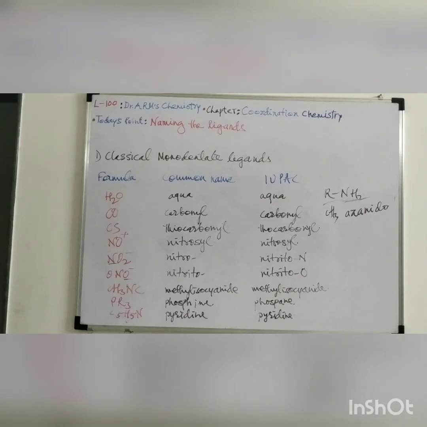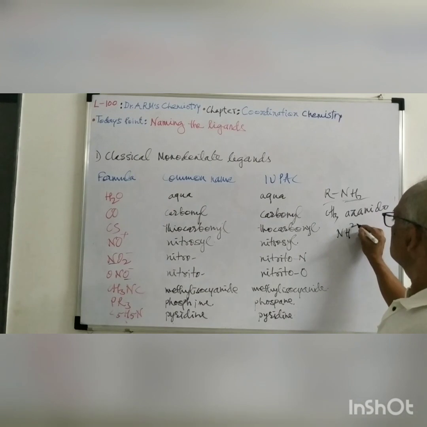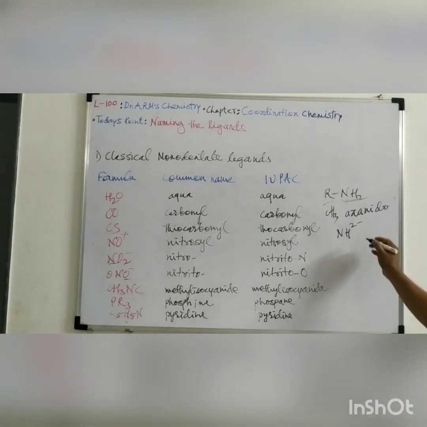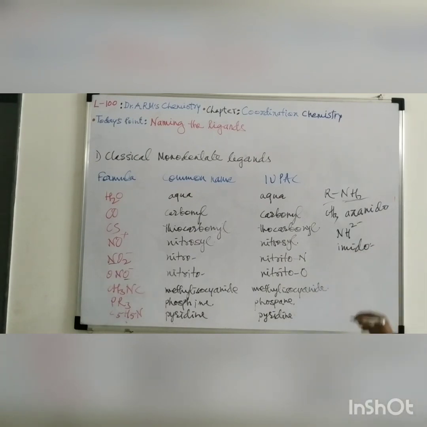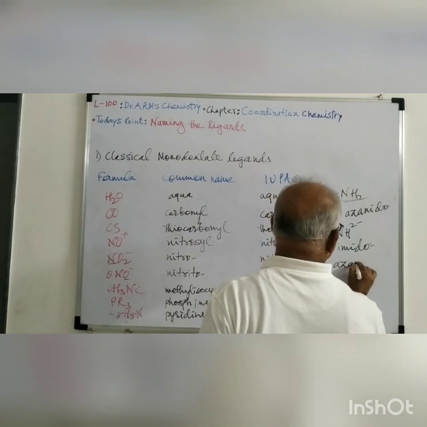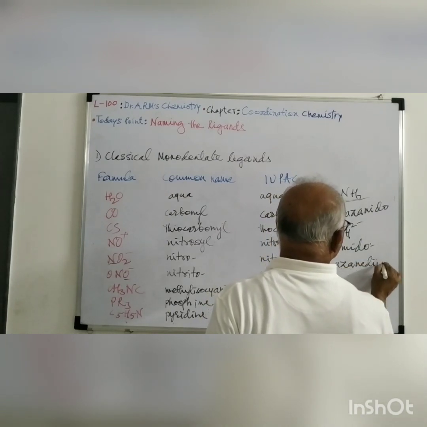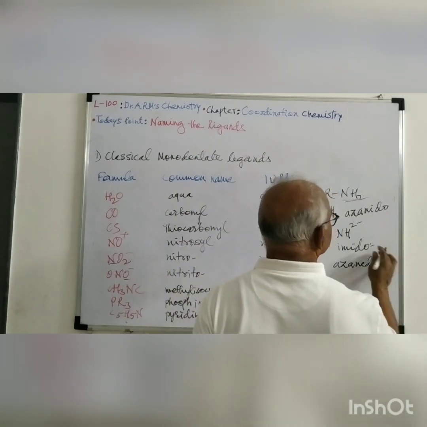Then if it is the imido group, that is NH minus minus, we commonly say it is the imido group. But the IUPAC name is azanediido.